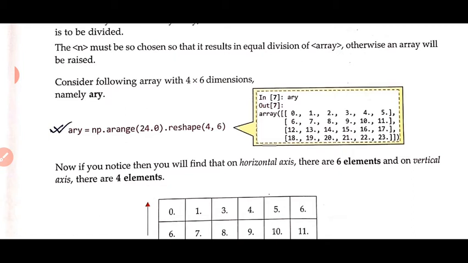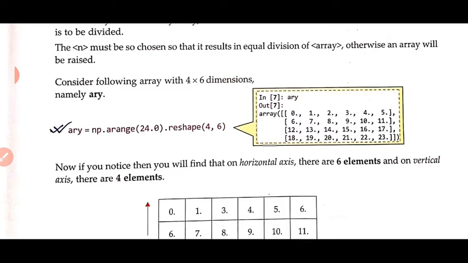So 0 to 23 is the number of elements, but due to the reshape function it is divided into 4 rows and 6 columns as per requirement. 4 rows and 6 columns, you can count it also. So using the arange function we can also create a two dimensional array with the help of the reshape function.